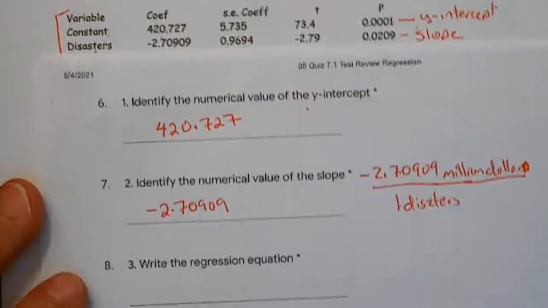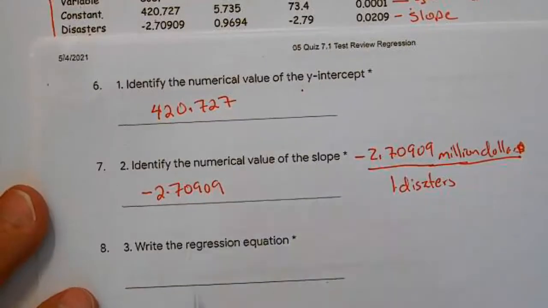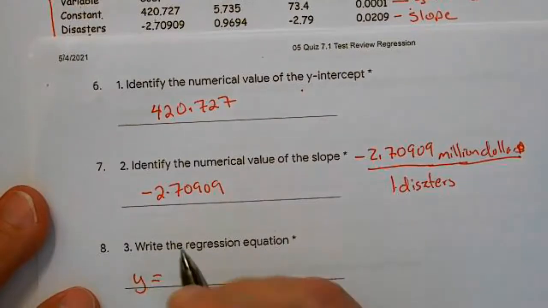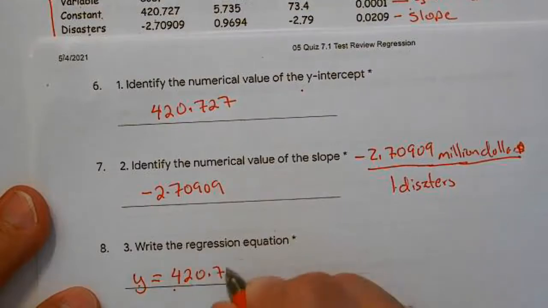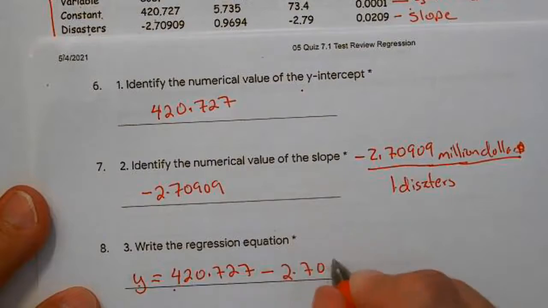The next thing it says is write the regression equation. So what we're going to be looking for is Y equals, really should be Y hat, but you don't have that available to you in a calculator. So you can just write Y equals 420.727 minus 2.70909x.